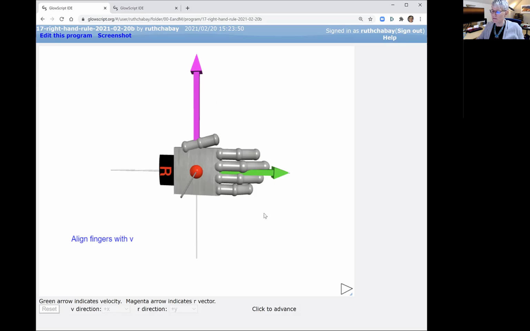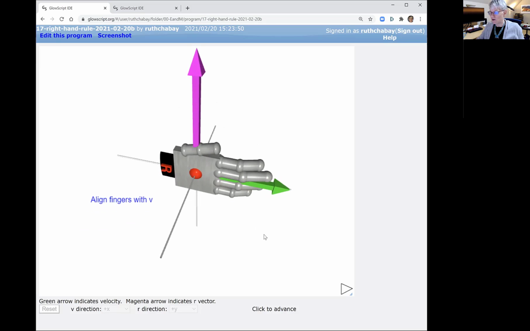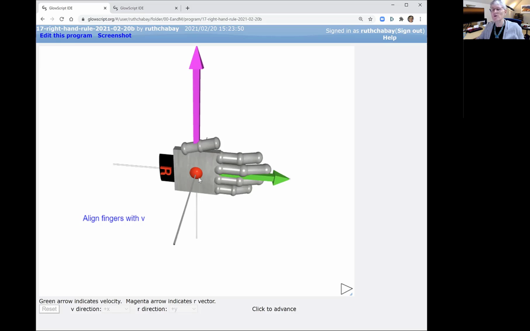Now the next step. Our fingers are aligned with v, and notice that we're imagining our hand being at the location of this moving particle. So we put our hand right where the moving particle is. It's in the middle of our palm here. Now we're going to want to fold our fingers toward the second vector, but the second vector is pointing up and our fingers aren't pointing that way.